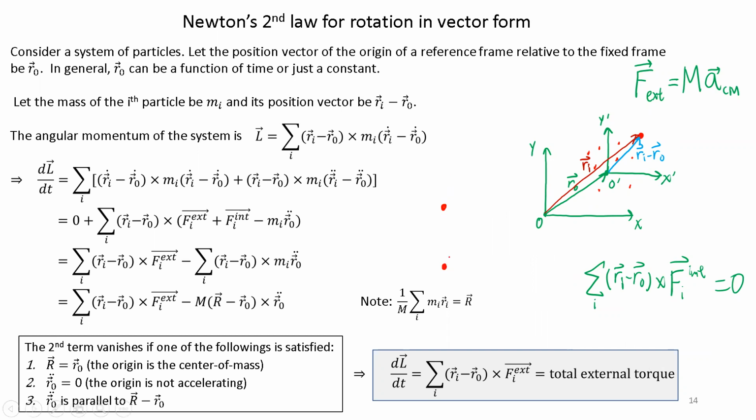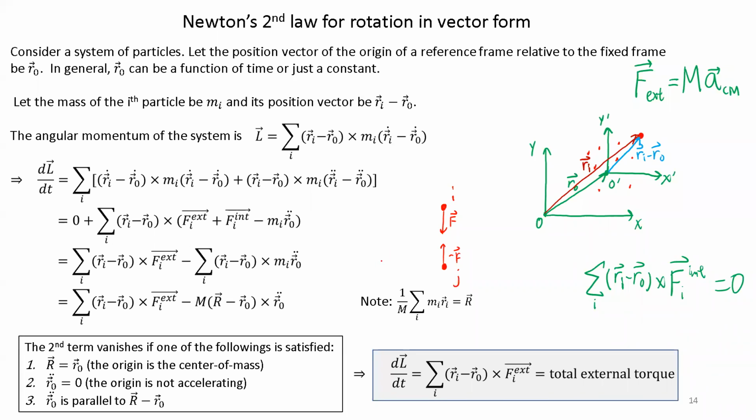Suppose there's an internal force acting on this particle by this particle, and likewise there's an internal force acting on this particle by this particle. Just action and reaction, right? So let me just draw it this way. So this F over here, and then here I have the minus F. And let's say this is the i particle, and this is the j particle.